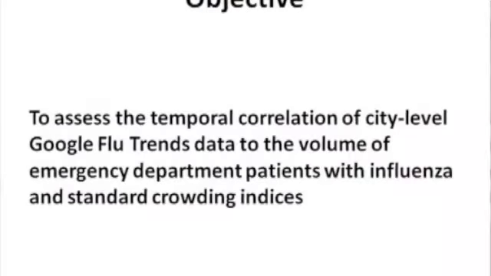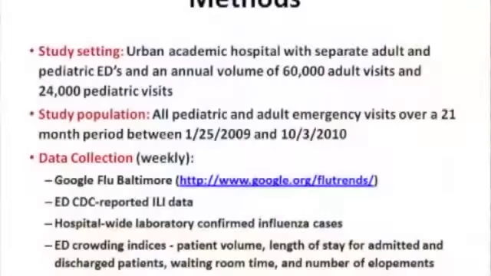Using this, we designed a study to first validate Google Flu Trends at the city level, and then to see if it correlates with markers of ED crowding that we commonly use. To do that, we took the required data over a 2-year period, including the H1N1 outbreak, from one center in Baltimore.